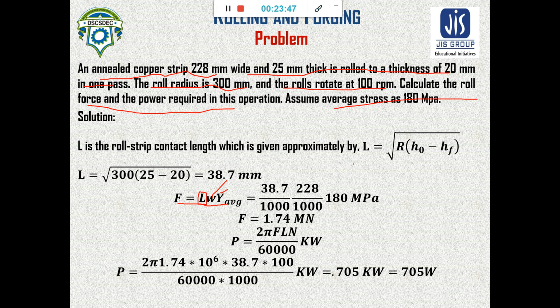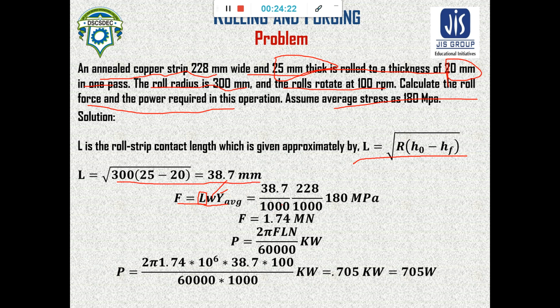This is given by L is equal to root over of R into H0 minus HF. Now H0 is 25 thick, and HF is 20. Putting those values, we get L is equal to 38.7.